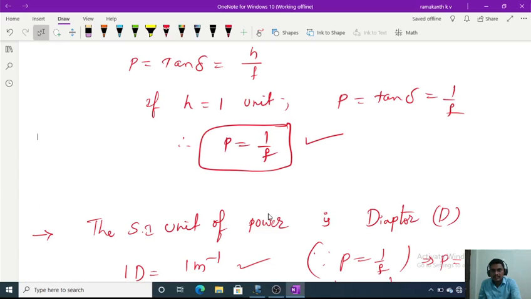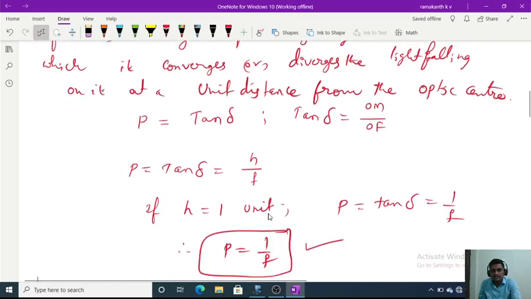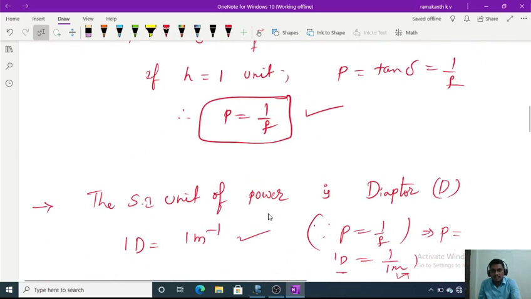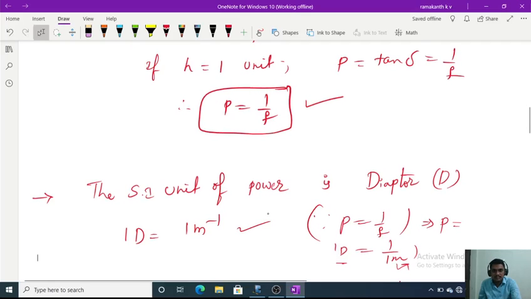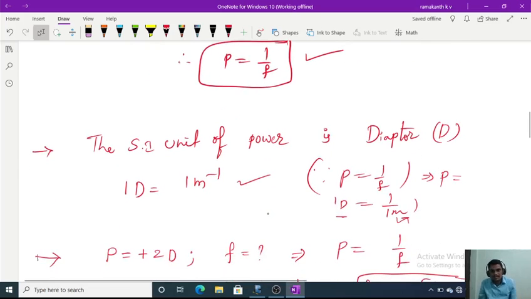By using geometry, we can find the power of a lens as P equals tan delta equals H by F. When the ray is incident at a unit distance from the optic center, we can write 1 in place of H. So we get P equals 1 by F. This is the expression for the power of a lens, and the SI unit of power is the diopter. 1 diopter is equal to 1 by 1 meter, that is, 1 meter inverse.